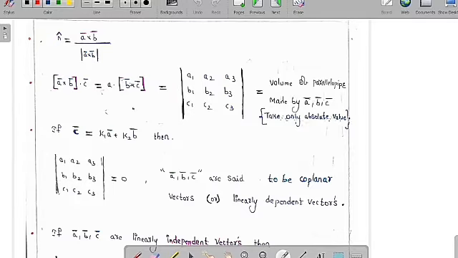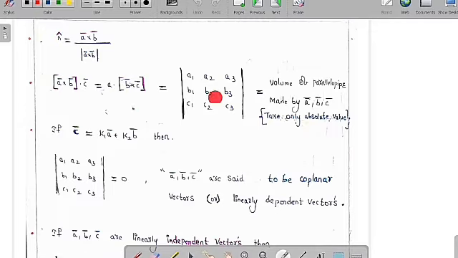We are going to get the volume of the parallelepiped made by A bar, B bar, C bar. Always take only the absolute value, the positive value, because volume always gives a positive value. So even if it is negative, you still have to take the positive value. We can say A bar cross B bar dot C bar is equal to the same with A replaced by B, B by C and C by A. Even if you replace in the reverse order, you get the same result.